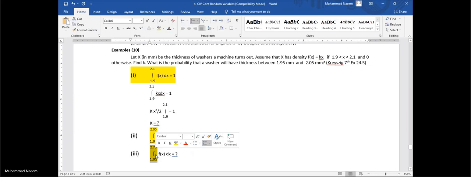Actually, let me explain this one in a proper way. We will integrate this function from 1.9.